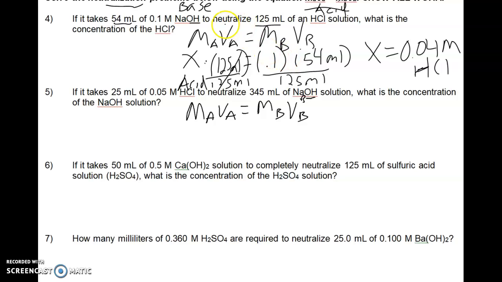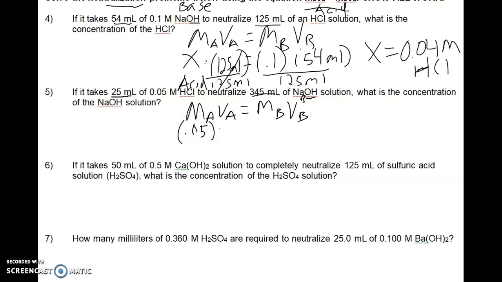Okay, so I'm going to just plug in what it has. Again, I check that my volumes are in the same units. That's 345 milliliters and 25 milliliters. So we don't have to change anything. So let's go right into it. We have 0.05 molar HCl.